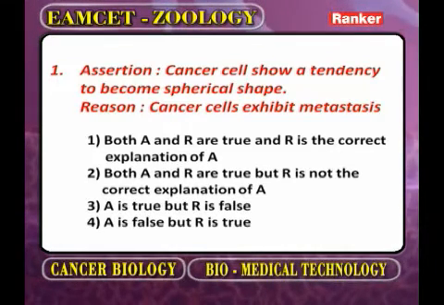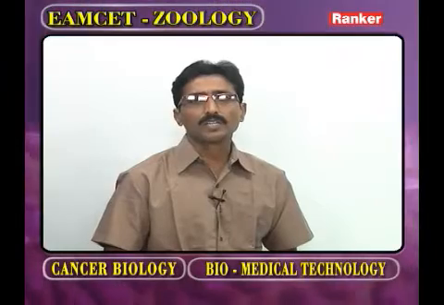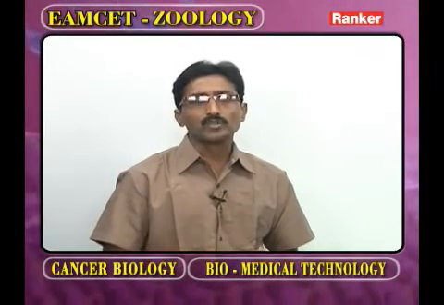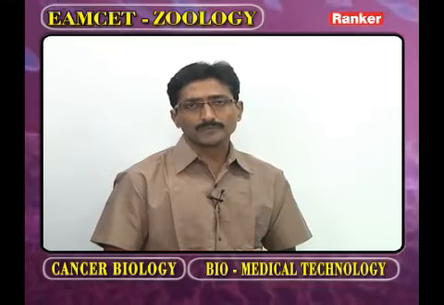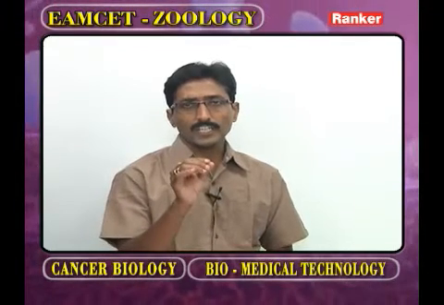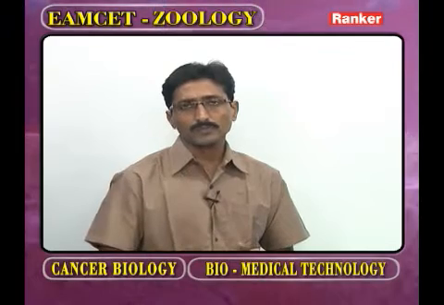Now as we observe, the cancers or the tumors are of 2 kinds. One we call a malignant tumor and the second one a benign tumor. We are discussing mainly the malignant tumors. In the malignant tumors, around the tumor there is no capsule.